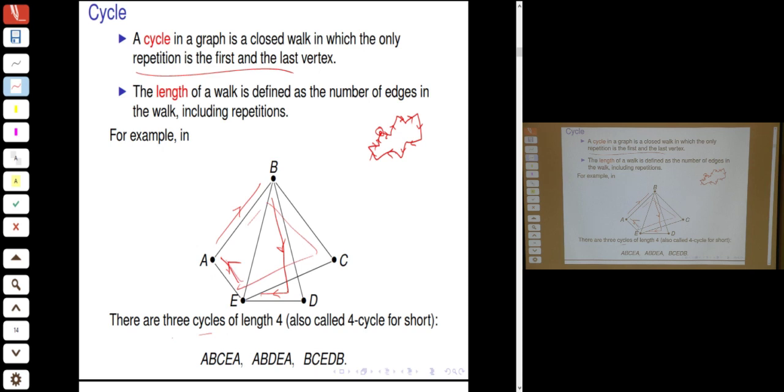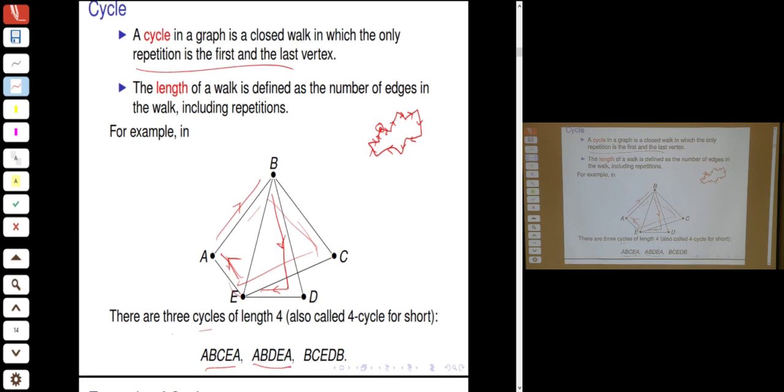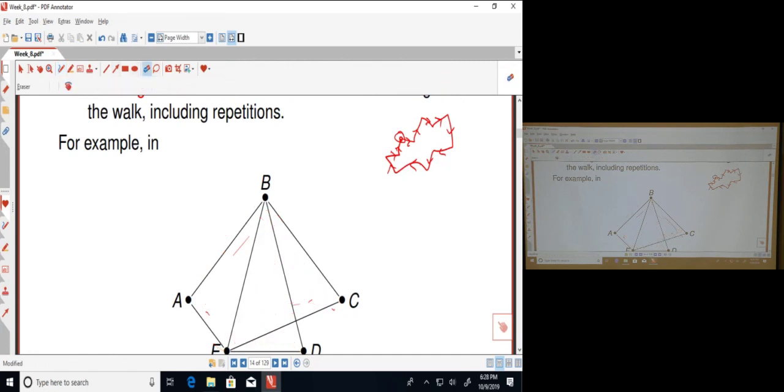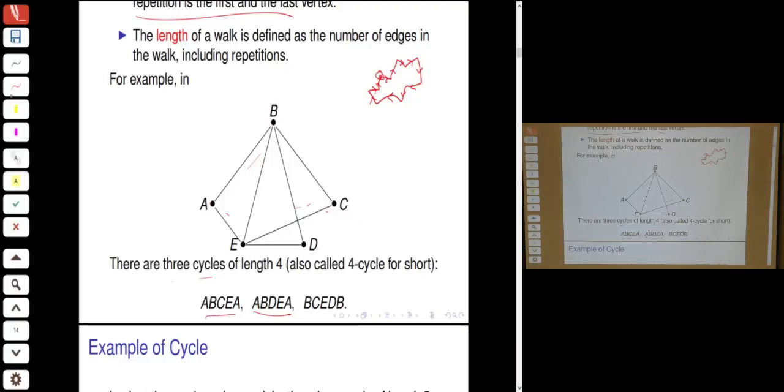So there are 3 cycles of length 4, and these are A, B, C, E, A; B, D, E, A, which we discussed; and also B, C, E, D, B. So of course it starts and ends in B, but other than that, there are no repetitions.